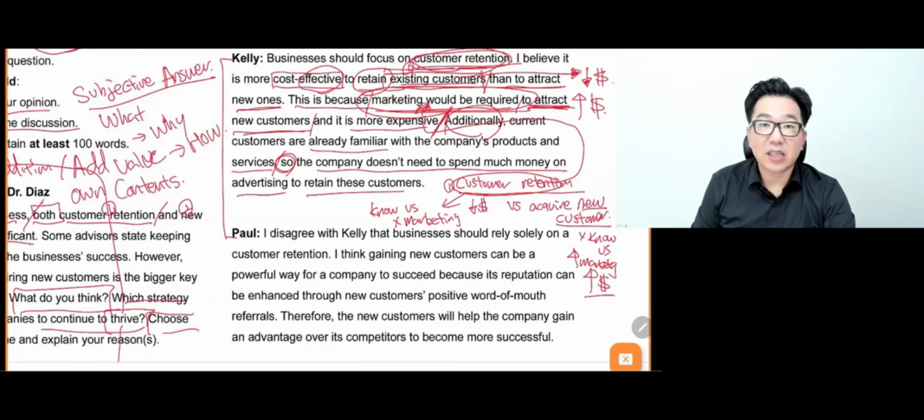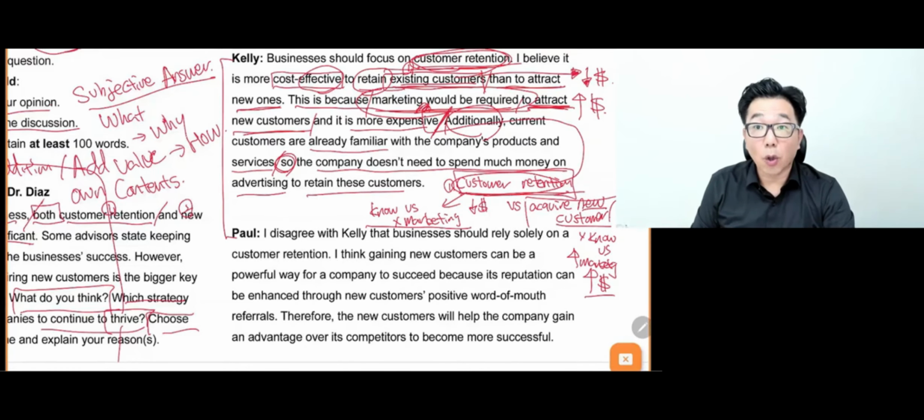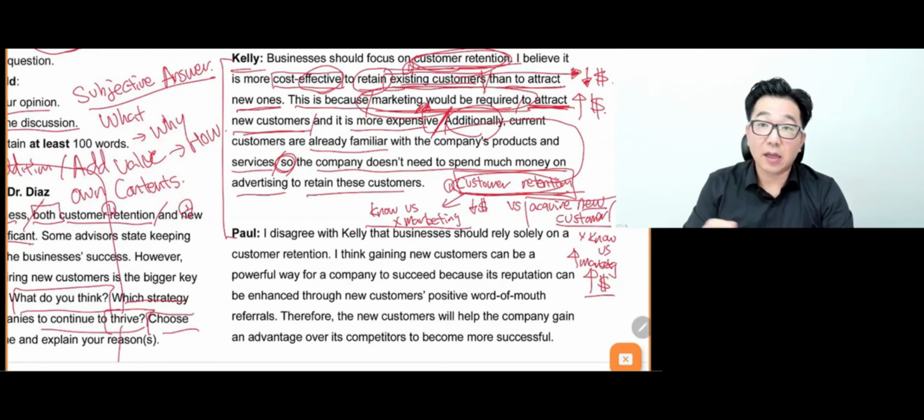So it's less cost effective, this one, and it's more cost effective, this one. So we should go for customer retention strategy. Okay. All right, cool. Understood. I'm not sure I agree with Kelly, but I can understand why she thinks that way.